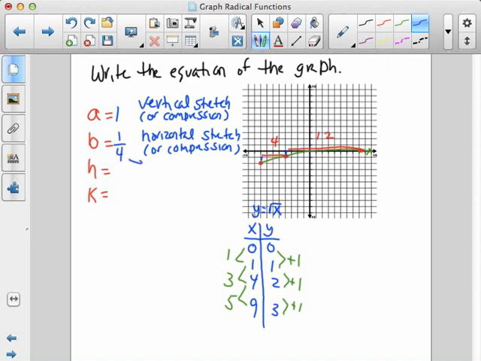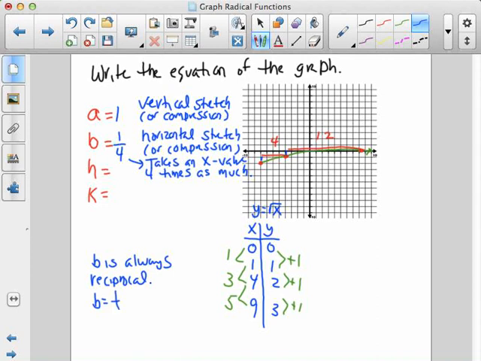All right? And that will make it so now it takes an x value 4 times as much. So B is always the reciprocal. So if B is 1/4, that's a horizontal stretch by a factor of 4.